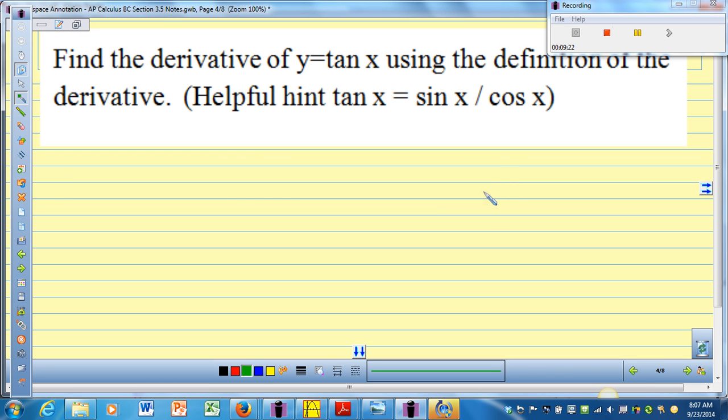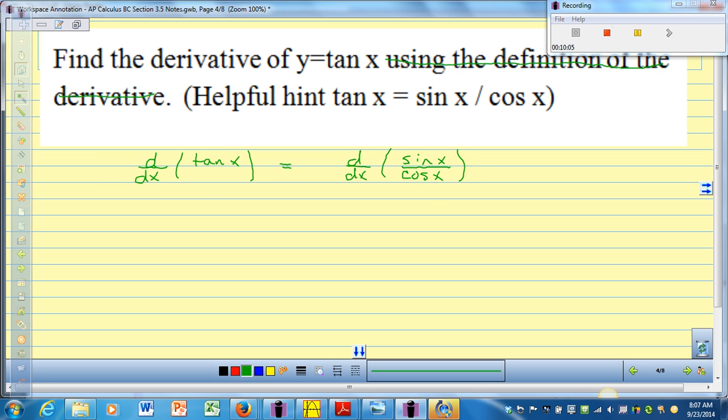Find the derivative of tangent. It says here using the definition of the derivative, but I want to amend that. I didn't mean to say that. I want you to find the derivative of tangent using the quotient rule. Tangent is sine x over cosine x. So do that now, please. We're looking for the derivative of tangent x, which is the derivative of sine x over cosine x.